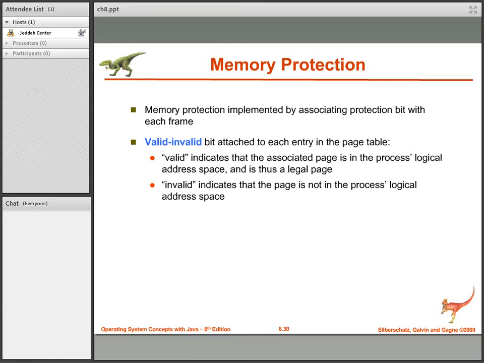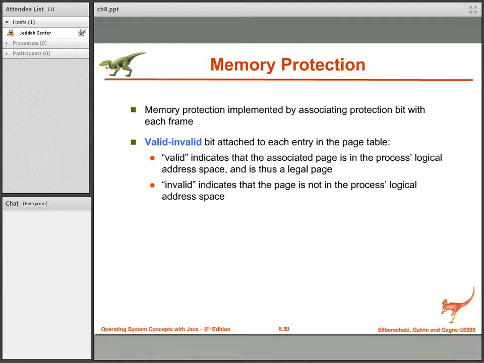The memory protection is implemented by associating a protection bit with each frame. You associate a valid-invalid bit to each entry in the page table, where valid indicates that the associated page is in the process logical address space and is thus a legal page.